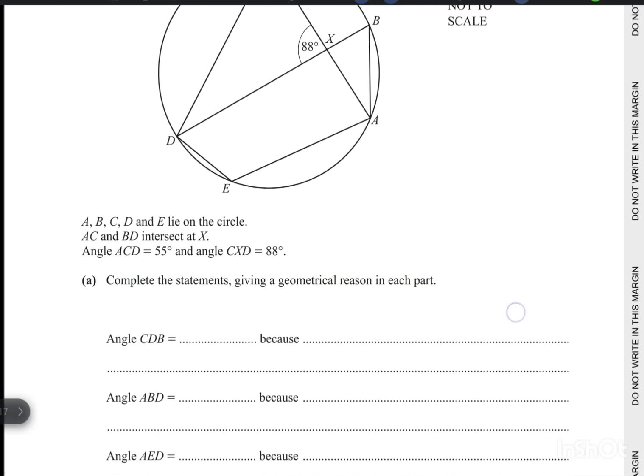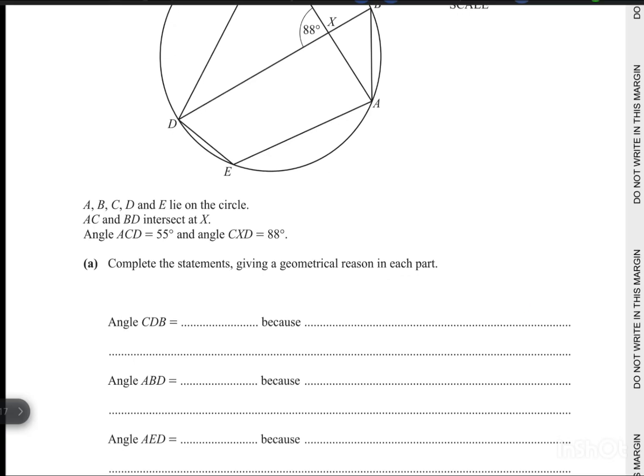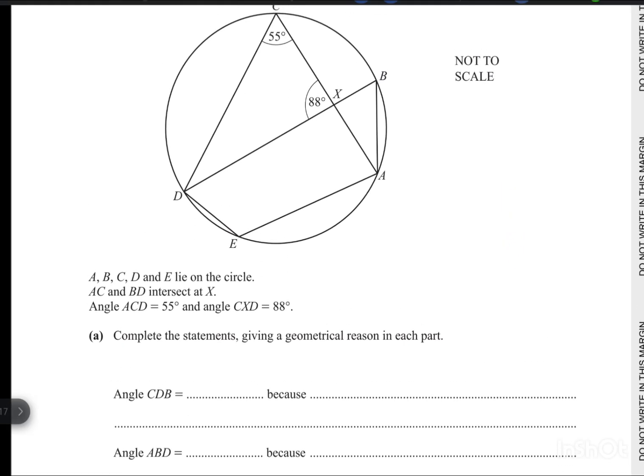The first statement is angle CDB is equal to dash. Angle CDB is which angle? This angle. So when you see this triangle CDX, you can use this angle sum property and find out the third angle. So for that you have to do 180 minus 88 plus 55. 88 plus 55 is how much?